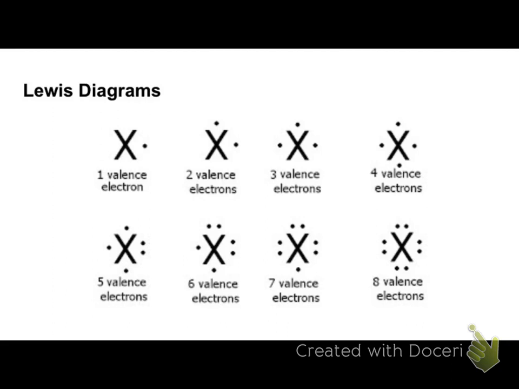If it has 2, then you put 1 above. 3, you put 1 on the left side. 4, you put 1 underneath. And then as you continue on to 5, 6, 7, and 8, you repeat the process in the same order, moving in the same direction, which is counterclockwise. Okay?